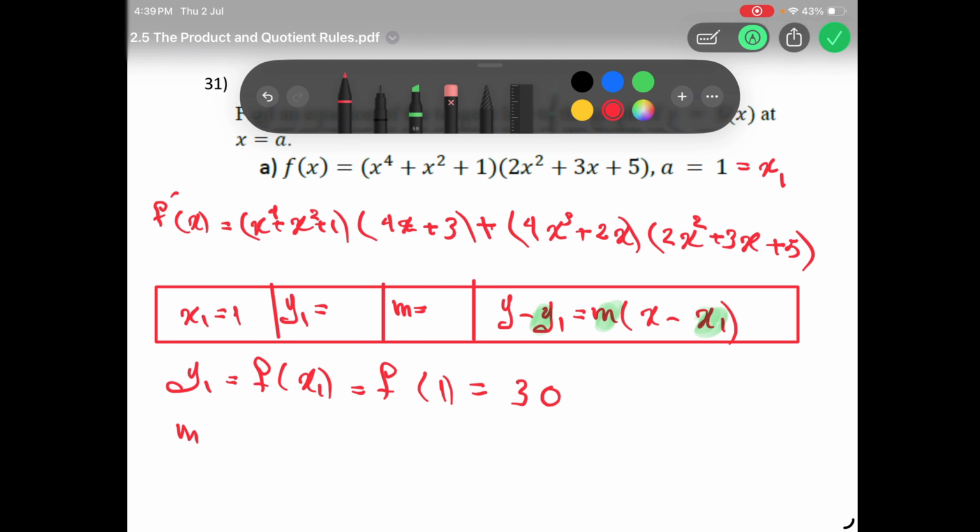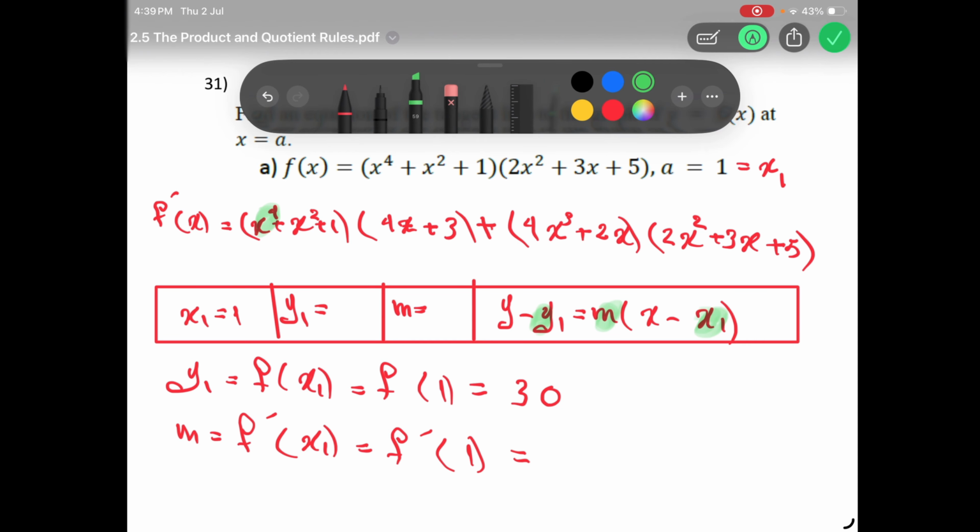So, and I need m, which is f prime of x1, I mean f prime of 1, and this f prime here is given. Look, this is f prime.